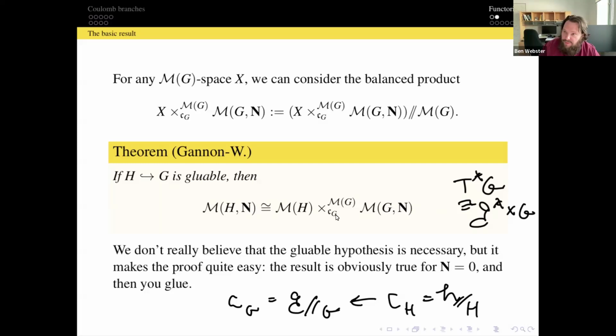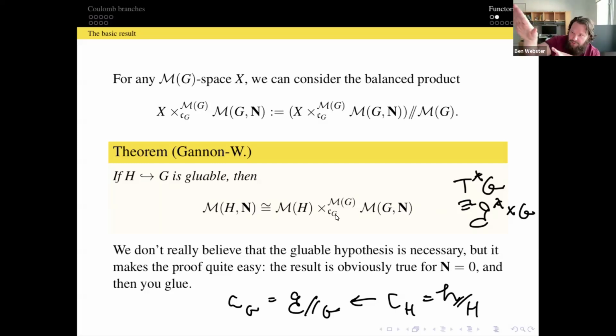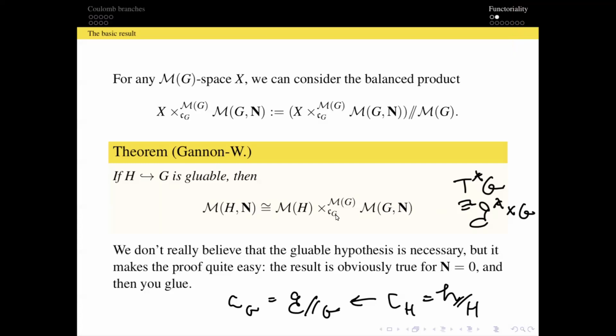Yeah, I mean, it just comes from the fact that I have a map. So I have an inclusion of the affine Grassmannian of H into the affine Grassmannian of G. And the map on functions dual to the action map is push forward from the graph of that map into the product GUR of H times GUR of G. Right.